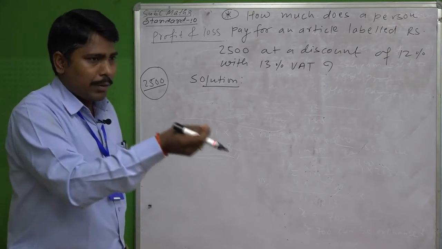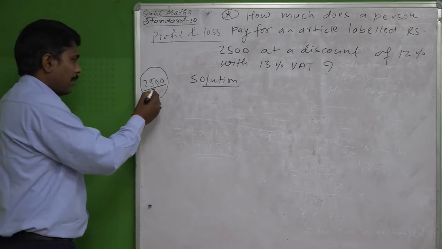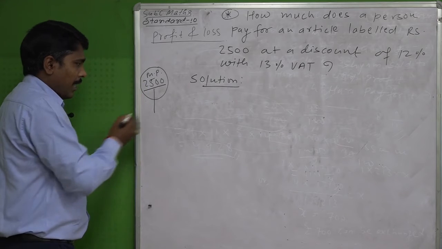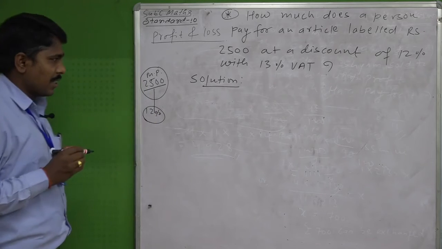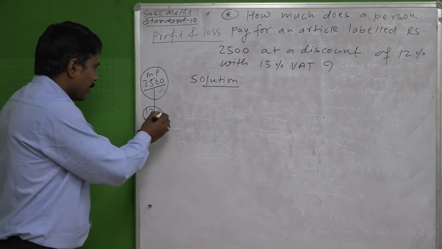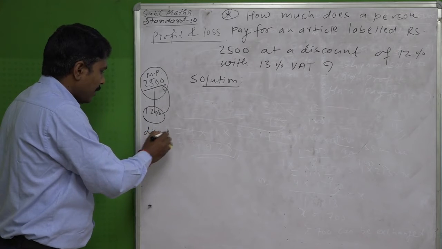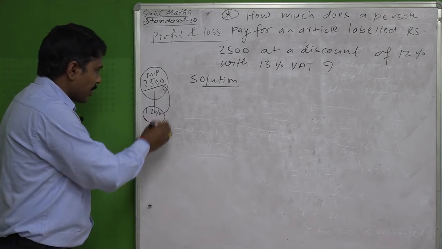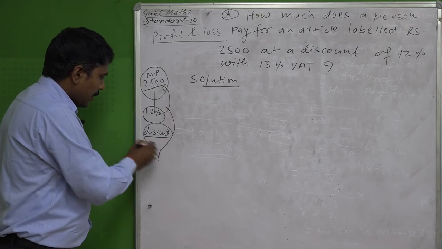Now you ask the shopkeeper for a discount, and he or she gives you a 12% discount. This is the marked price, the labeled price, and 12% discount is given to you. You deduct it from this, then you get the discount amount, and you subtract the discount amount from the MP, then you will get what?